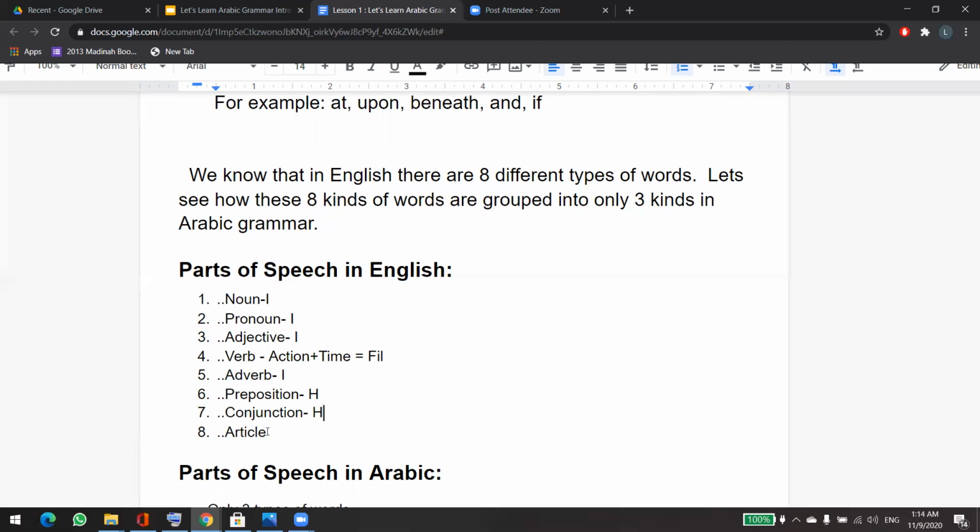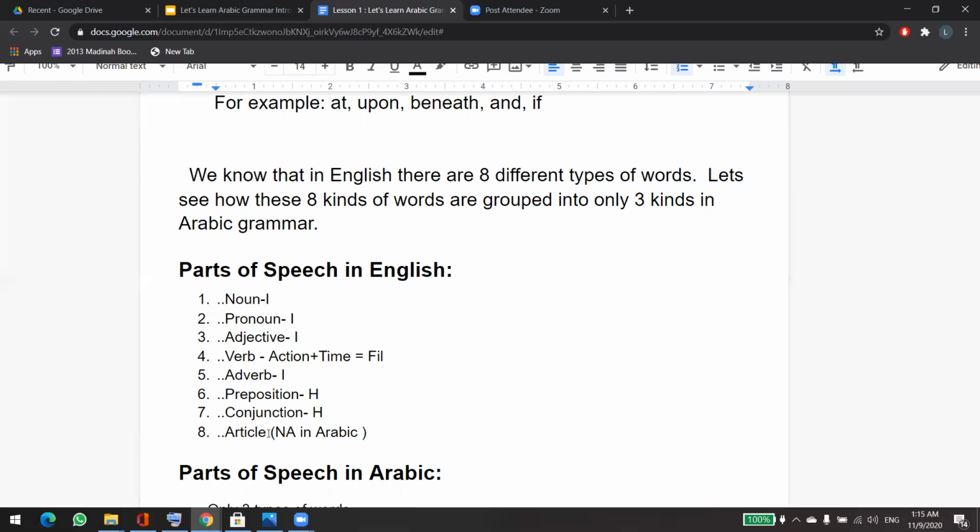Article is not applicable in Arabic because in Arabic, you know, what is the article in Arabic? Yes, very good. Al. If you put alif and lam at the beginning of a common noun, then it becomes a proper noun. The book, al kitab, right?